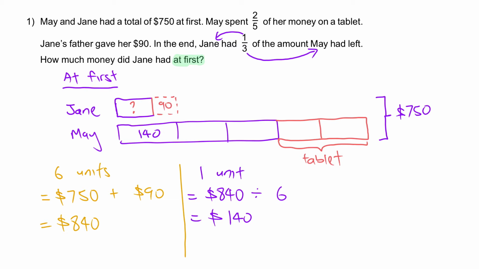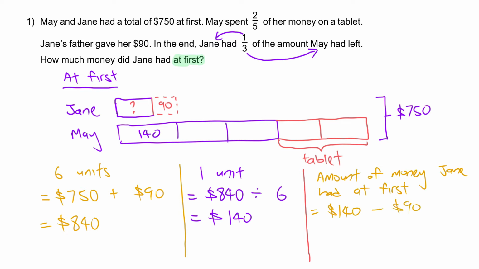And for the final step, the amount of money Jane had at first. So it's 140 minus 90. You'll be left with $50. And then we are done.